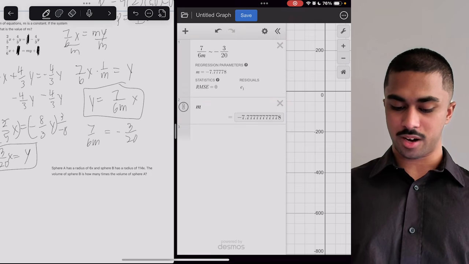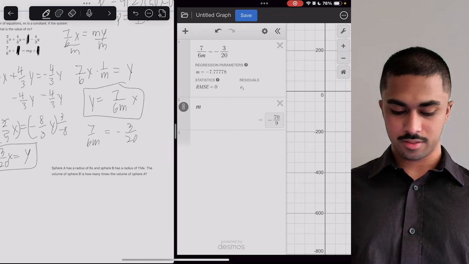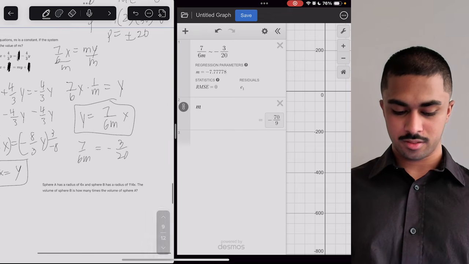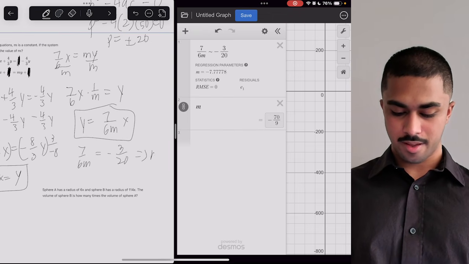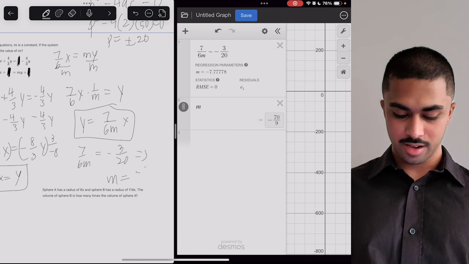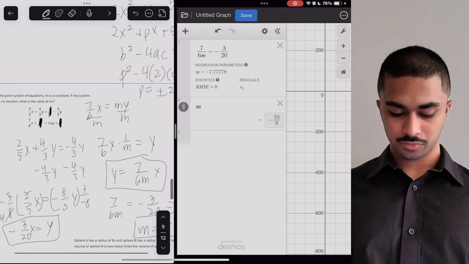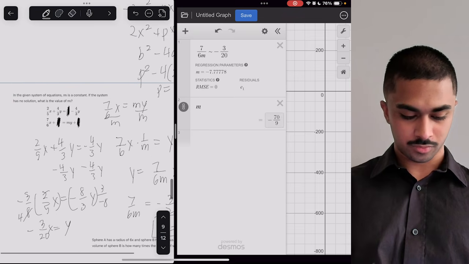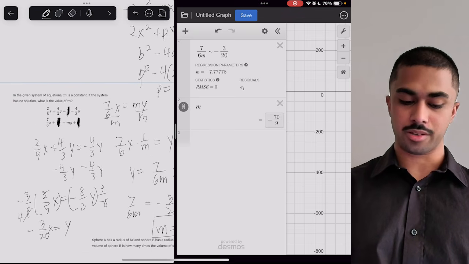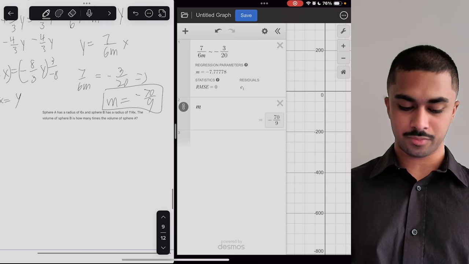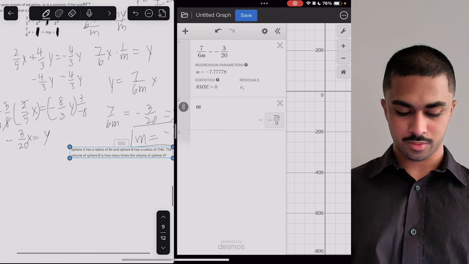And then press this fraction button on the left. So m is equal to exactly negative 70 over 9. And that's what we're trying to find, the value of m.